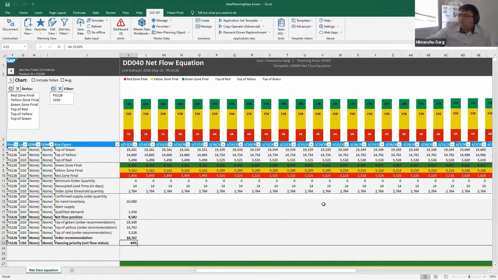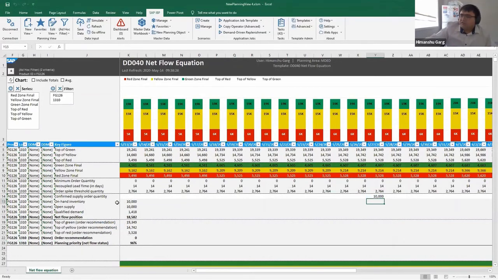Now, if I want to simulate that I am receiving some confirmed supply from S/4HANA, what I'll do is put a confirmed supply here in this view and then simulate. Now, S/4HANA will typically create a confirmed supply after the decoupling lead time, which is 14 days in this case. So I'll put it here as, let's say, 10,000. Now let's simulate. There you go.